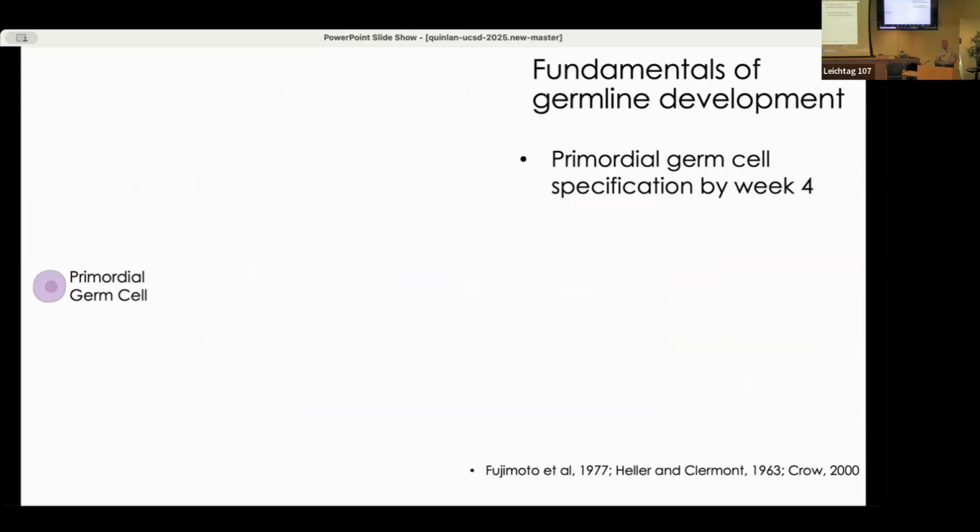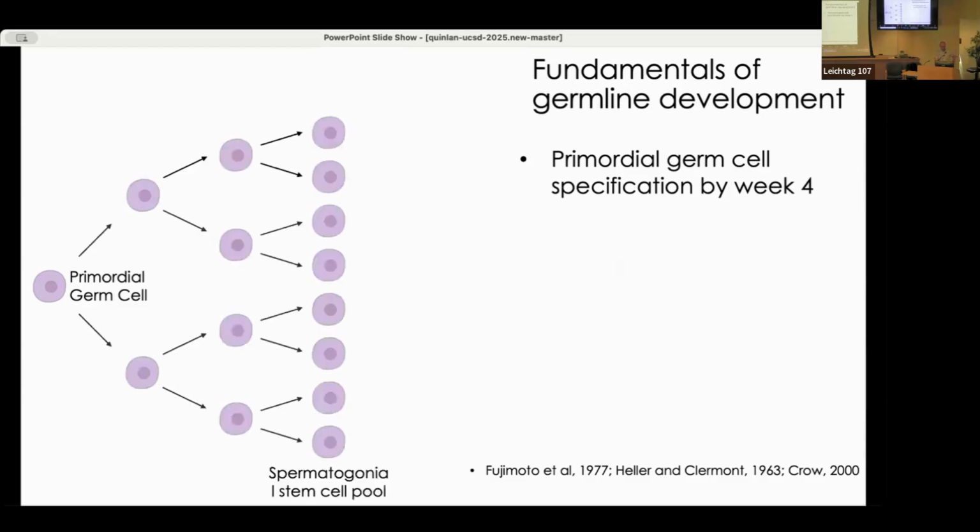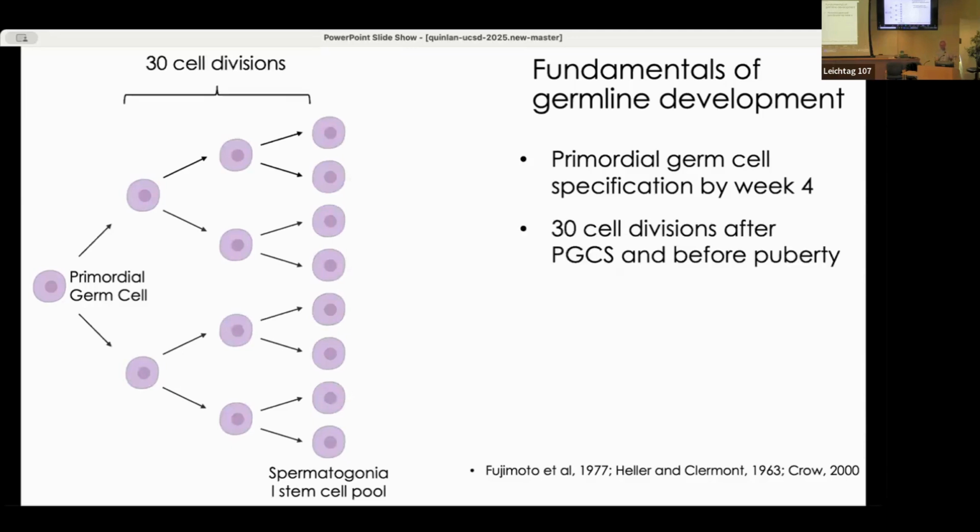It starts with primordial germ cell specification, which occurs roughly around week 4 in humans. Those primordial germ cells proliferate to generate a spermatogonial stem cell pool, which is quiescent until puberty.